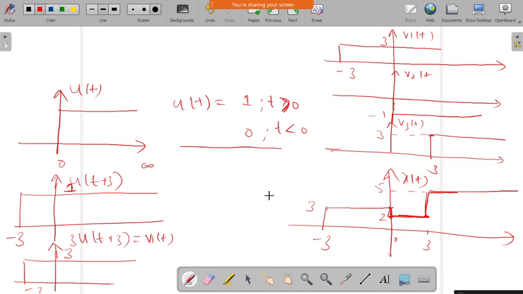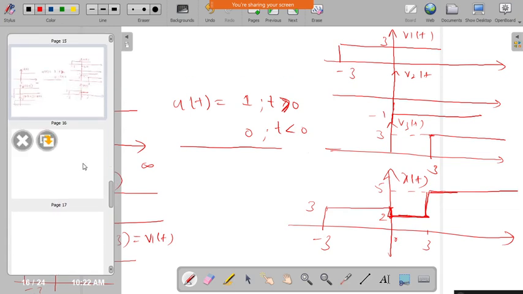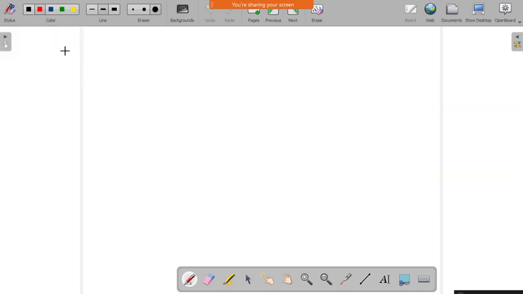Okay, so take this one. Express x of t in terms of u of t.